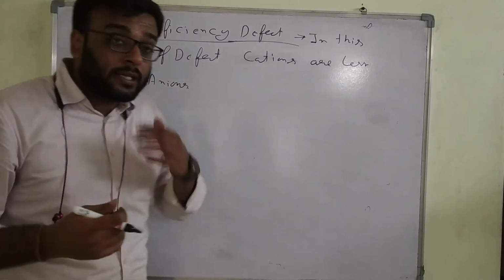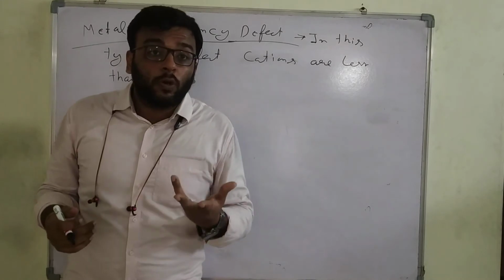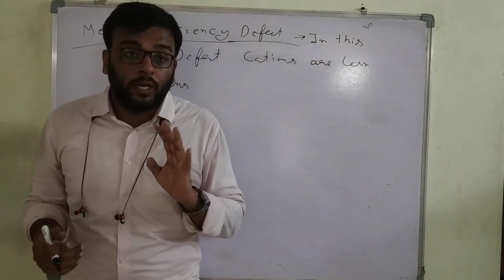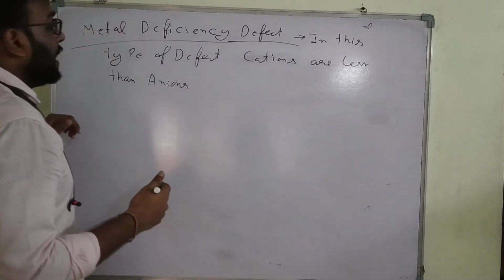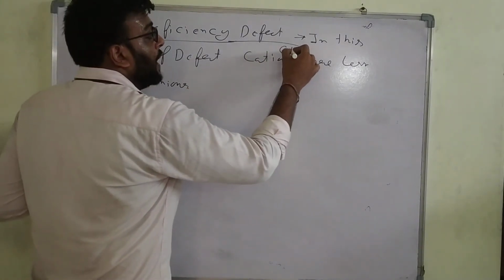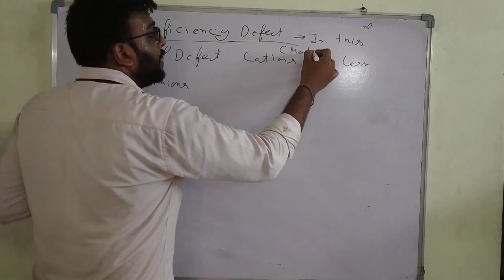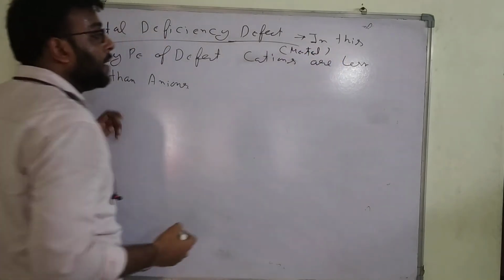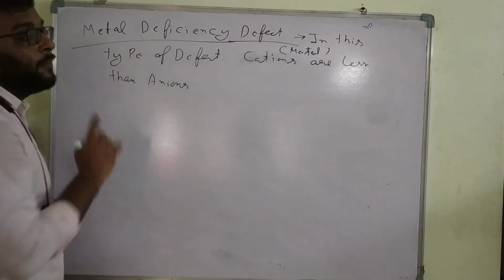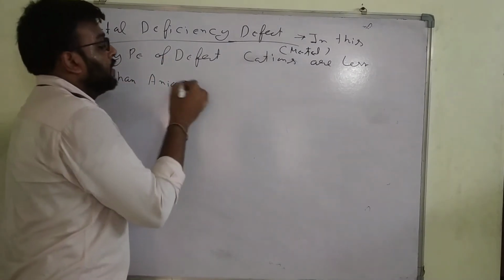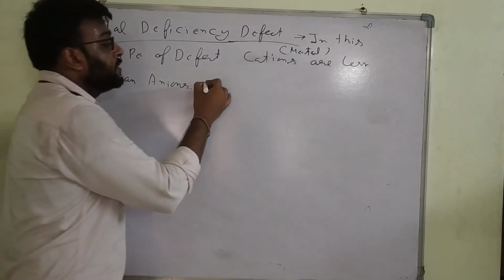Are you getting my point? I have already explained to you, cation always has a positive charge, anion has a negative charge. Cations are metal ions. Okay, cations are less than anions. Metal has a positive charge, but it is always neutral.